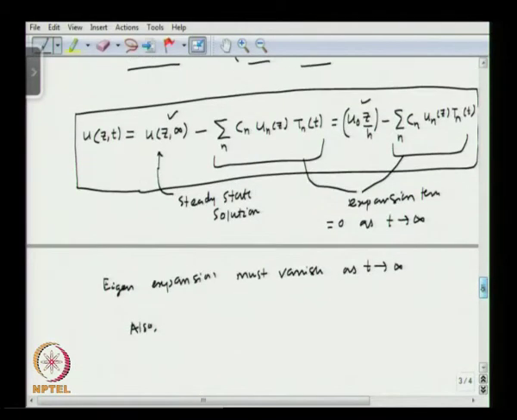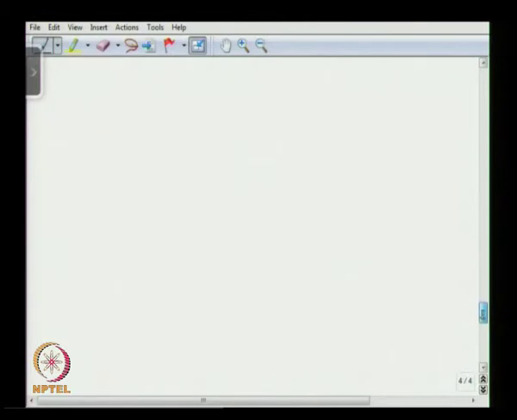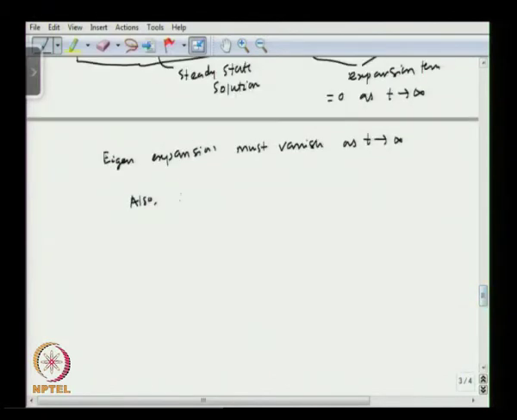So, this expansion is going to vanish also for time t equal to 0. So z will be 0, this term will be 0, and for z equal to h, this term is going to be u 0. So, the expansion term must also vanish for z equal to 0 and z equal to h.